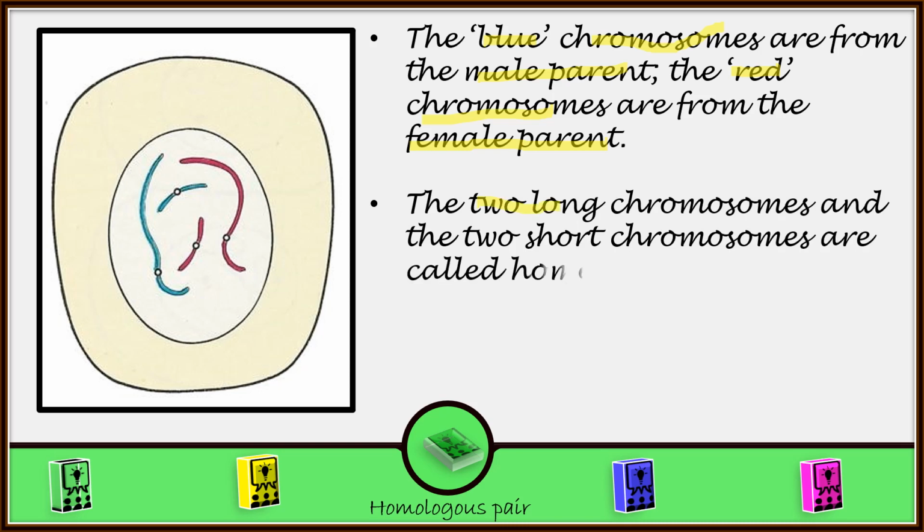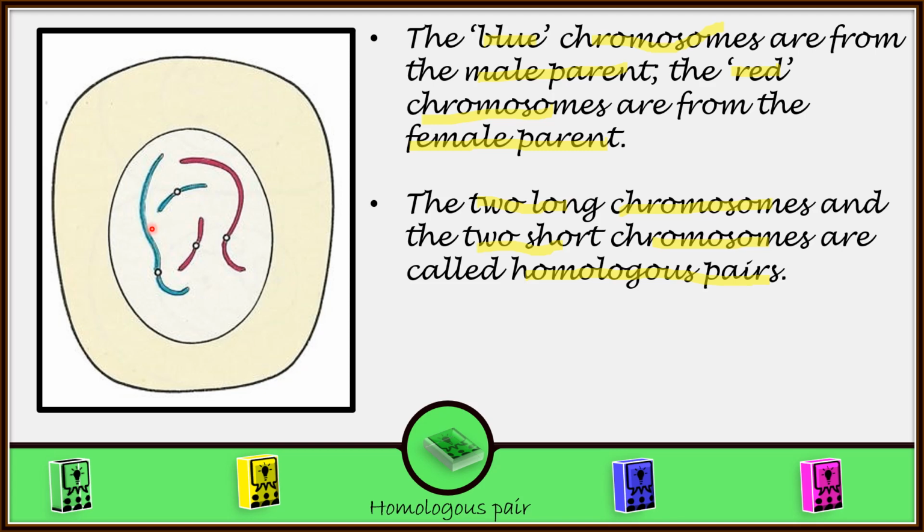Now, the 2 long chromosomes and the 2 short chromosomes are called homologous pairs. We have seen that this blue one, which is long, and this red one, which is long, come and combine together. They are always moving together. Therefore, we call them a pair of chromosomes.